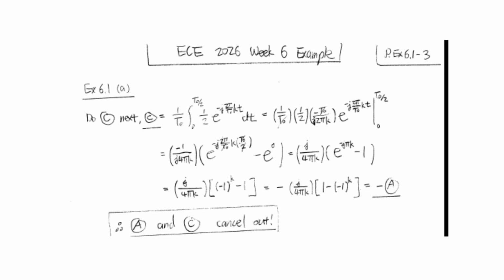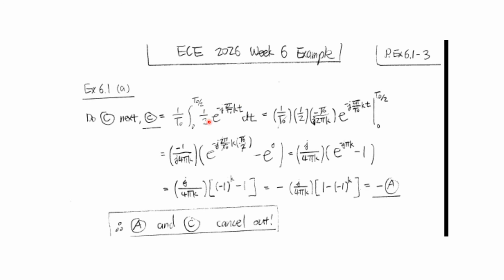Moving on, actually, we're going to look at C next because C looks suspiciously like A. So maybe we can just hope for something nice to happen. So let's start out. We're going to write out that same thing, 1/2. Remember, it's going to be 1/2.